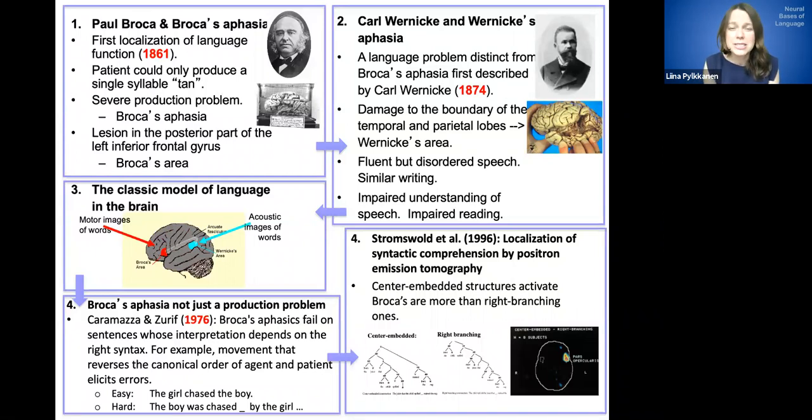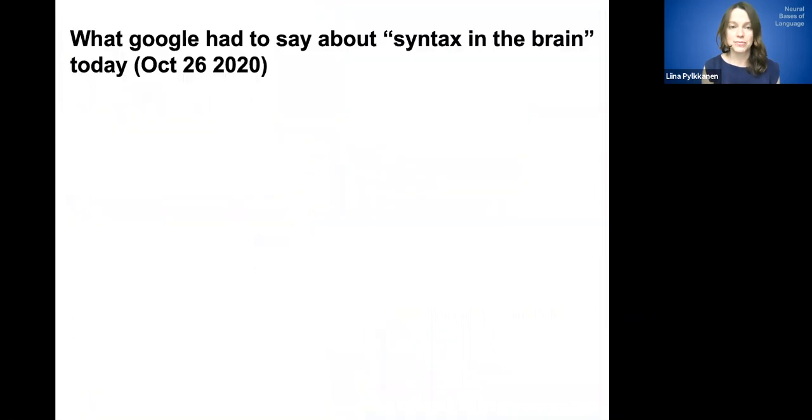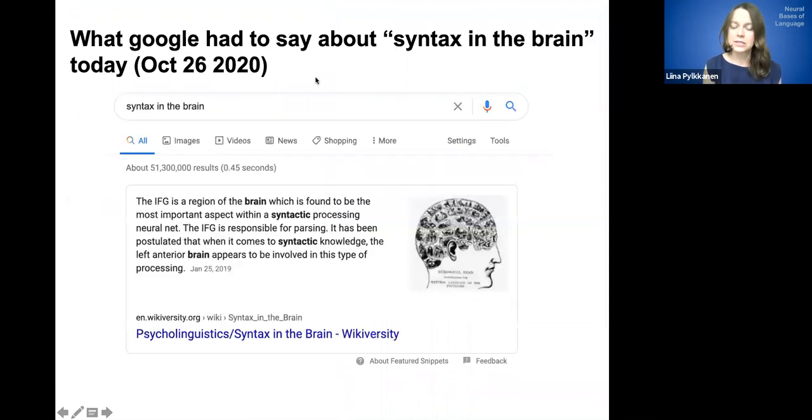But whenever I teach this topic, I like to go online and ask Google what it thinks is the most prominent syntax region of the brain. I just did that again today, and Google still thinks that the inferior frontal gyrus, so basically Broca's area, is the answer it gives you if you ask where in the brain we execute our syntax.